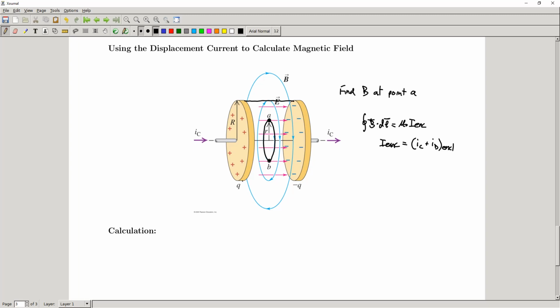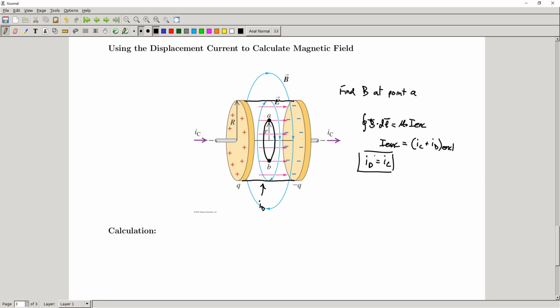If we consider all the displacement current going across here, as if it were a real current flowing across this parallel plate capacitor, then all of I_D has to add up to what I_C is. Because we know we have I_C coming in, we have I_C going out, so I_C has to get across here. That means that if we took all of the displacement current here, we would have I_D equals I_C. Okay, we'll make use of that in a second.